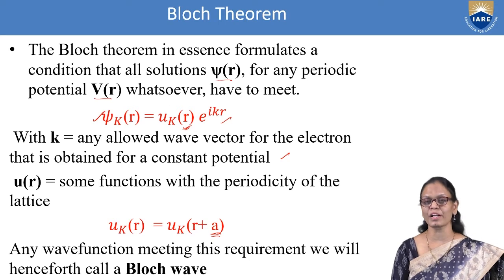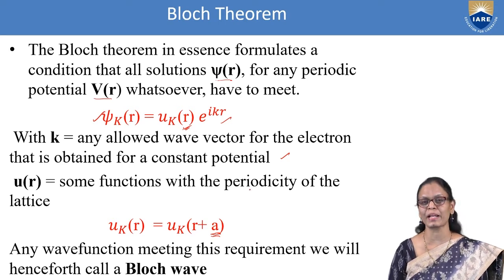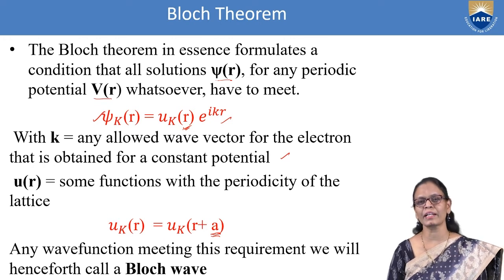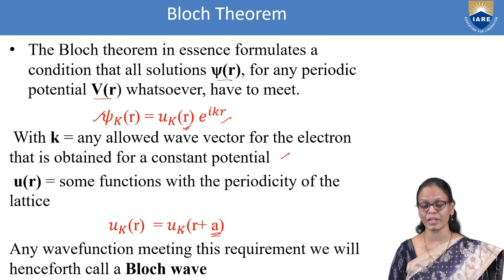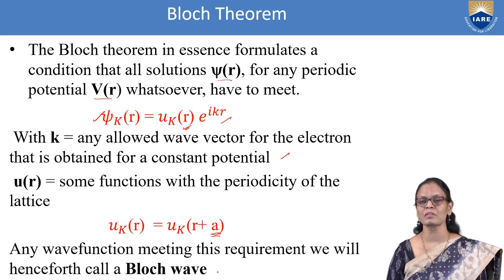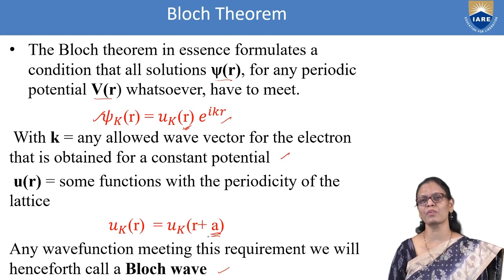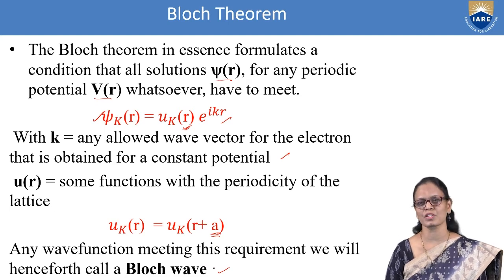Now, how is it periodic? To explain the periodicity, we write u k of R is equal to u k of R plus A. Any wave function meeting this requirement will be called a Bloch wave. So if a wave satisfies this condition, you will call it a Bloch wave.